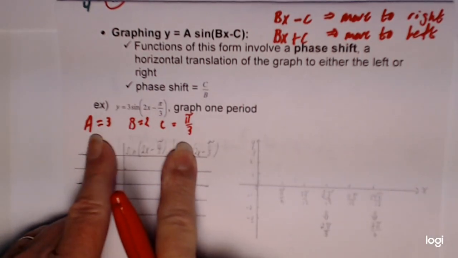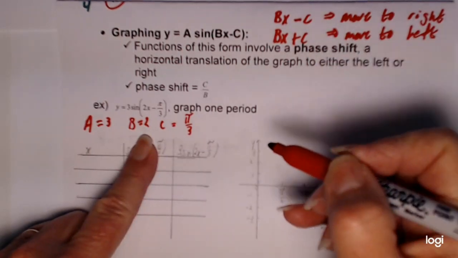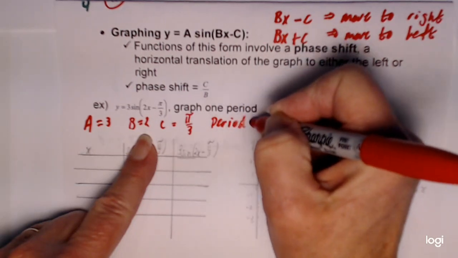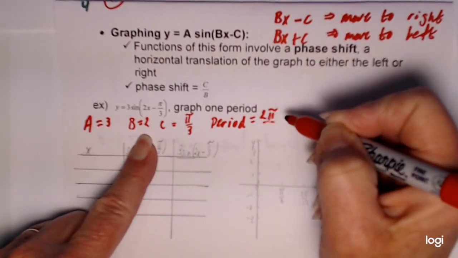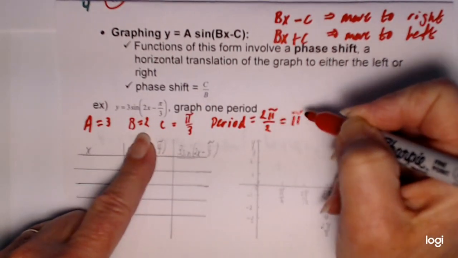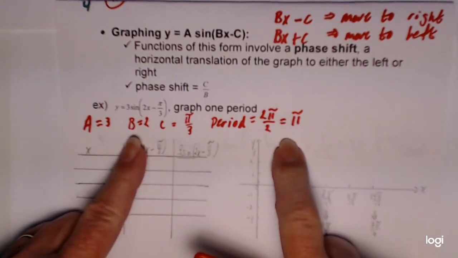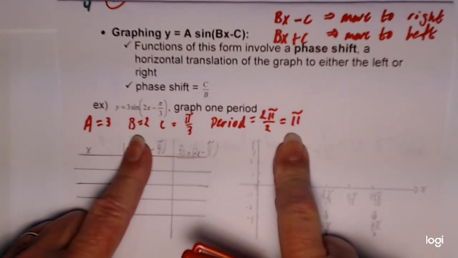So we know that our amplitude is A, and let's take a look now at what our period is. So period for sine is 2 pi over B, which in this case is 2. So our period is pi. So we are going to complete one cycle in pi, so in half the time it would normally take.